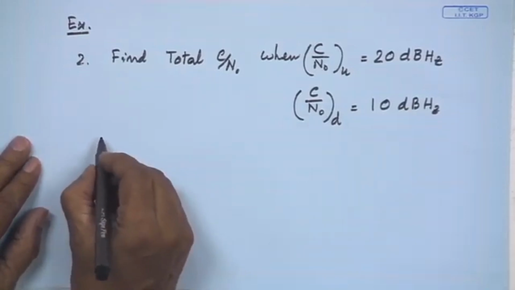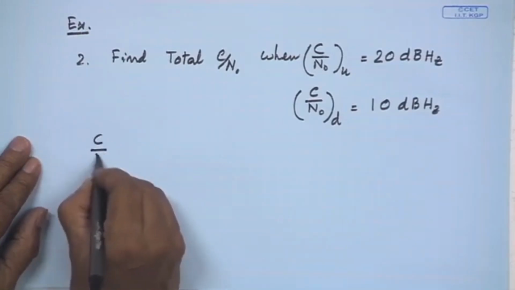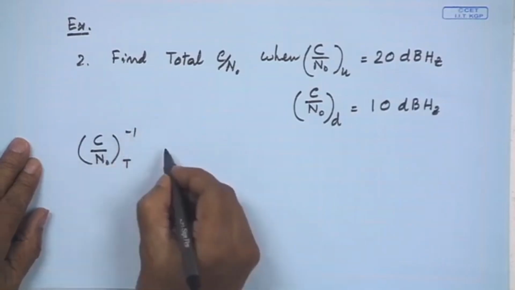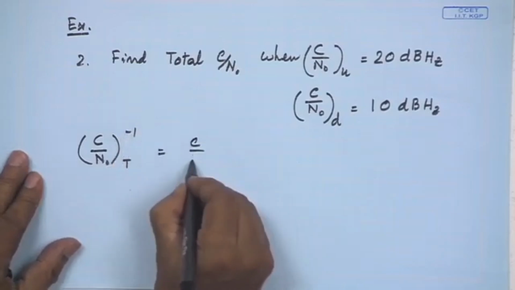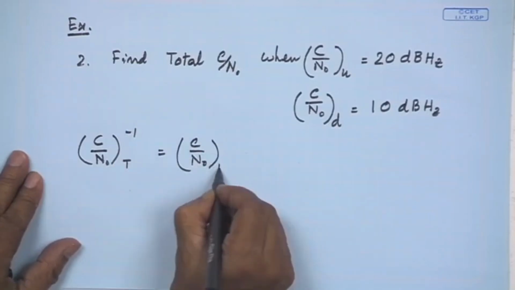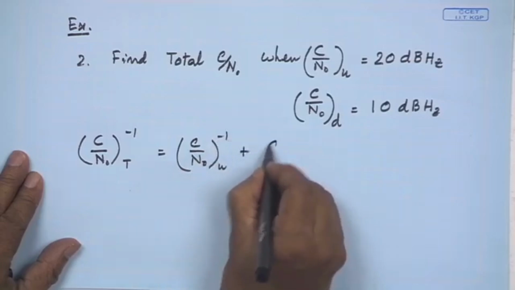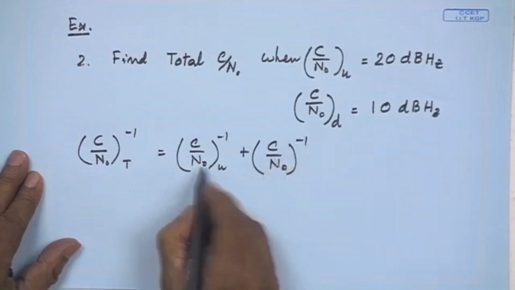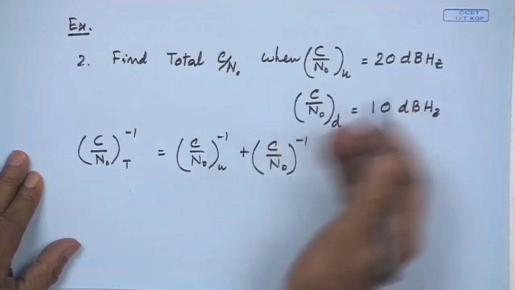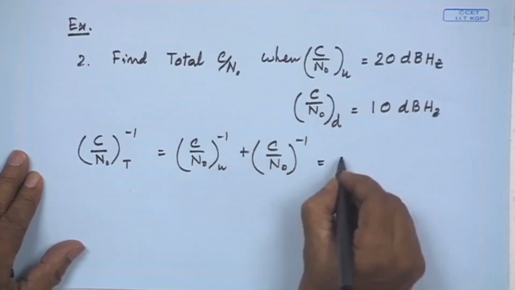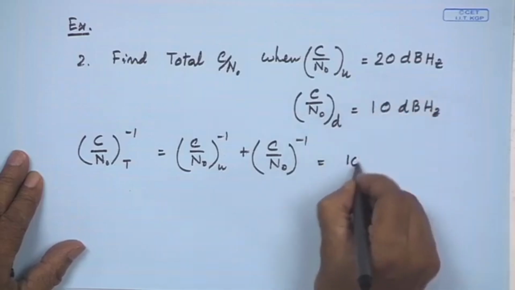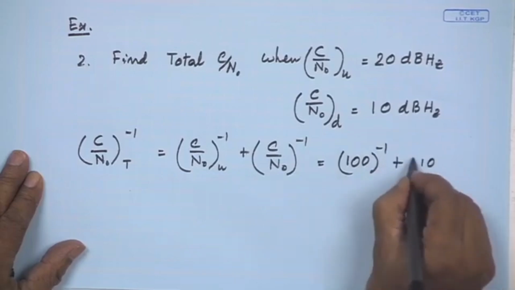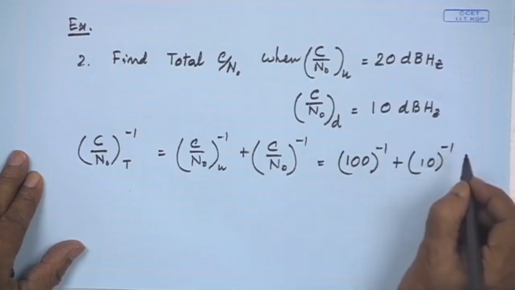So, it will be C by N 0 total is equal to C by N 0 up inverse plus C by N 0 down inverse, and we said calculation has to be done in ratio. So, we convert that one. So, it is 20 dB means it is 100 inverse plus 10 dB is 10 inverse.